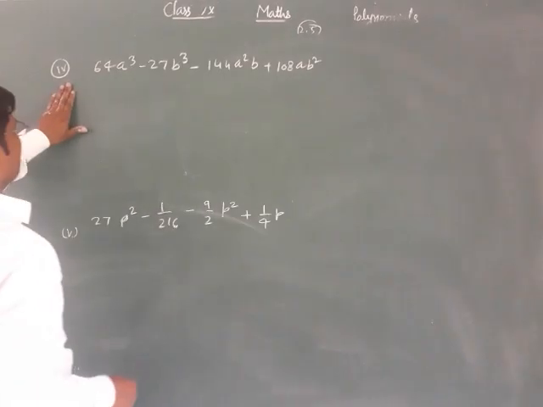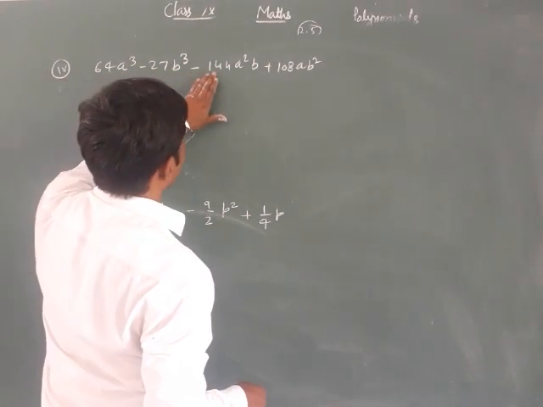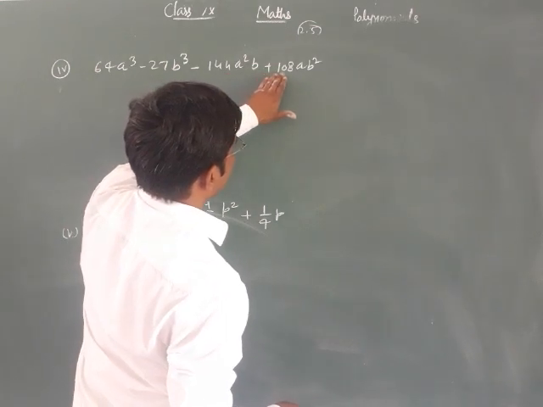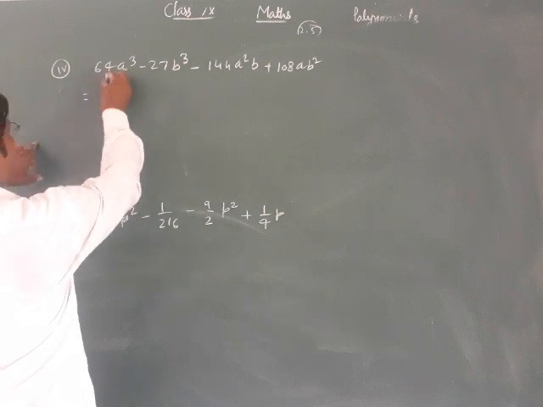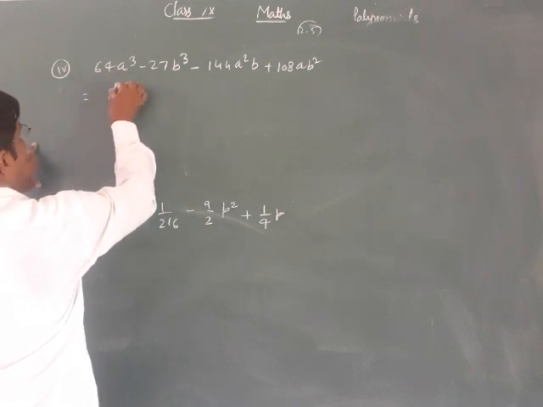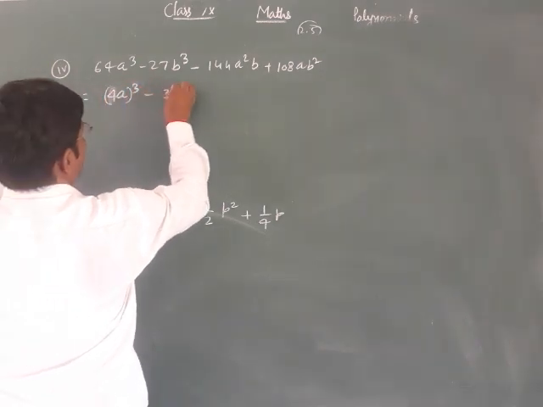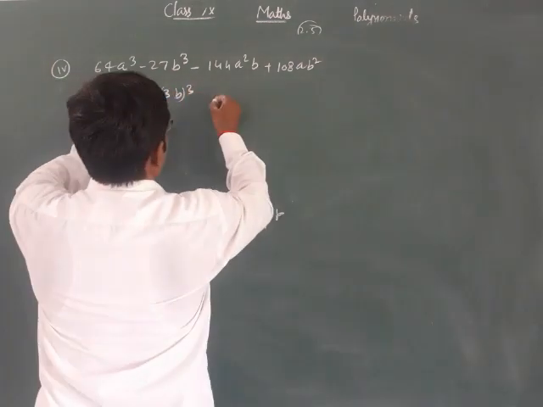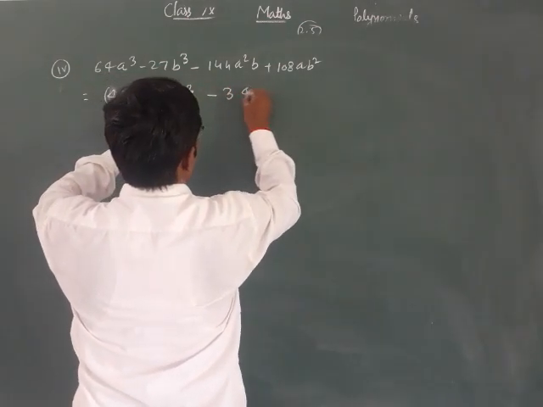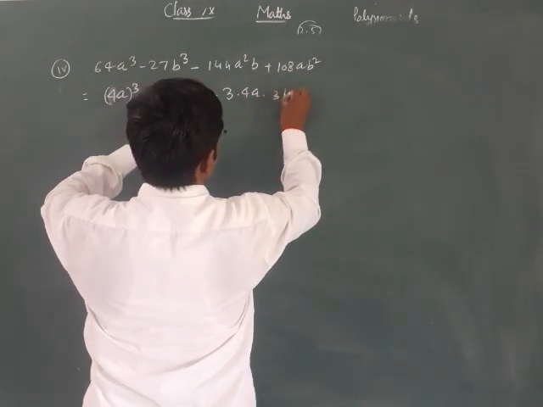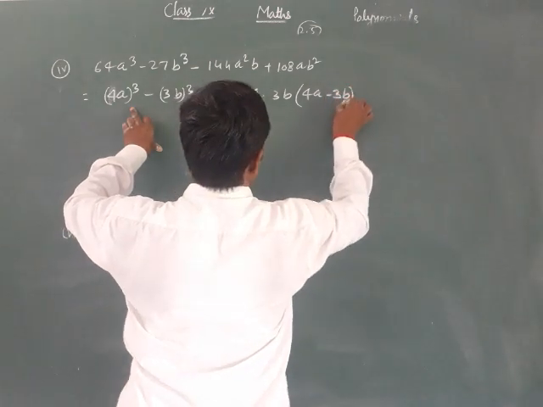Question 4th part. 64a cube minus 27b cube minus 144a square b plus 108ab square. So now use the identity. This is (4a) cube minus (3b) cube and minus 3 into 4a into 3b in bracket (4a minus 3b).